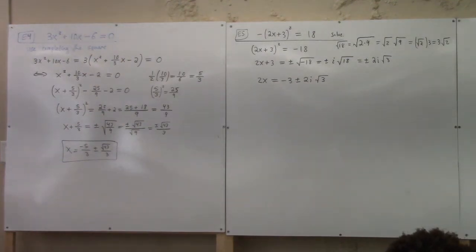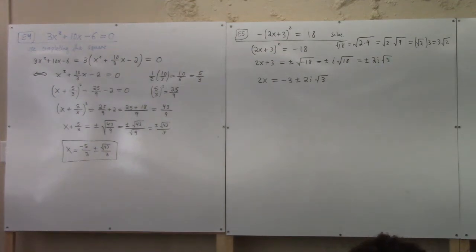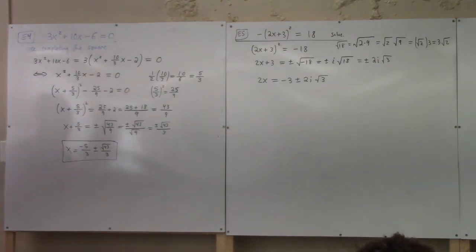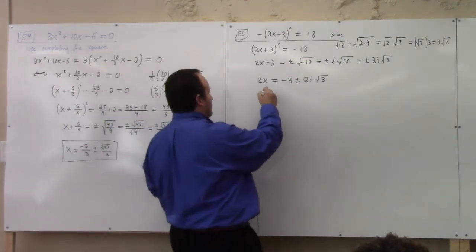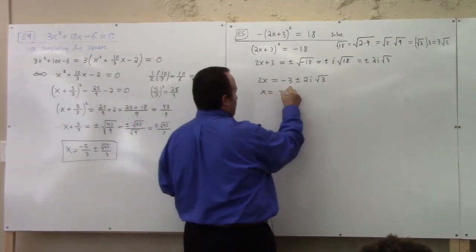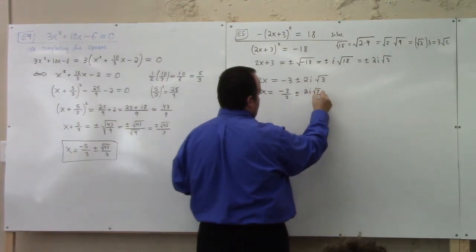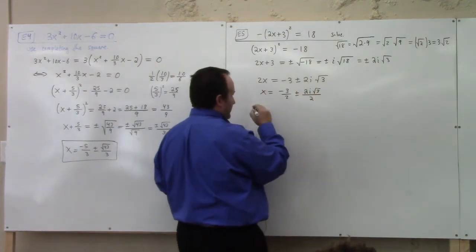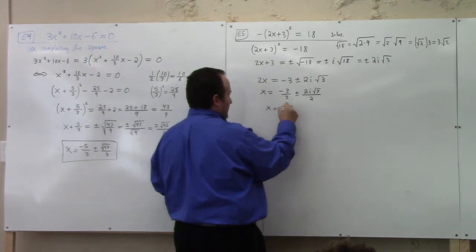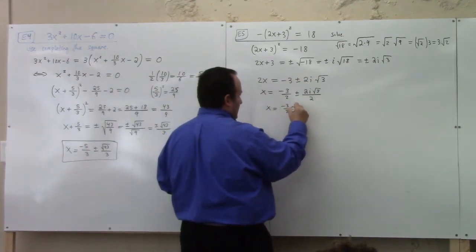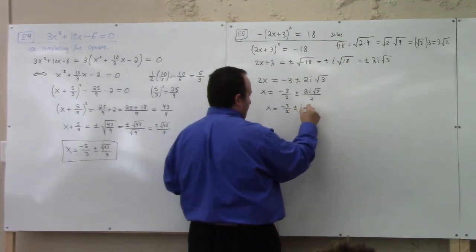But this time we've got the extra step: divide by 2 to isolate x. So we get x is equal to minus 3 over 2 plus or minus 3i times the square root of 2 over 2.